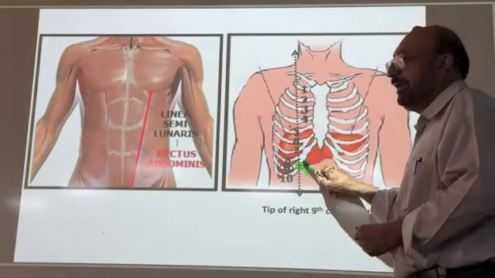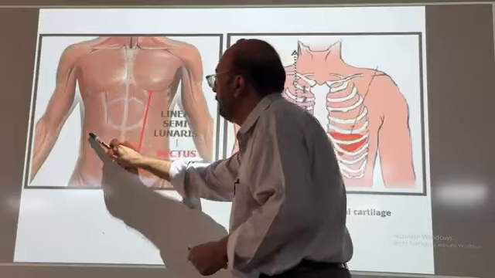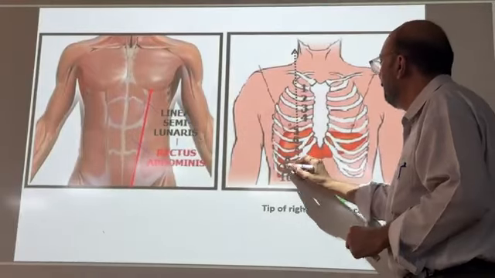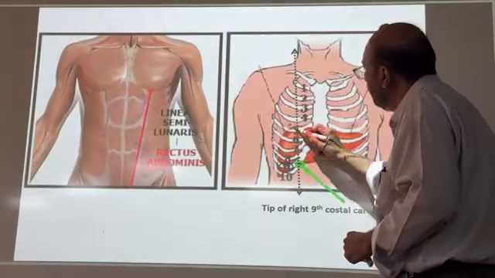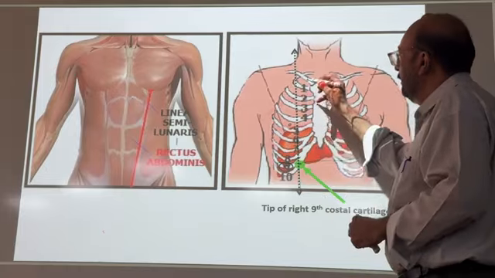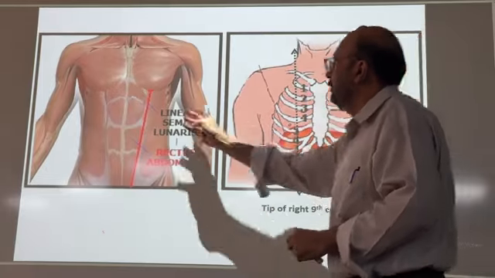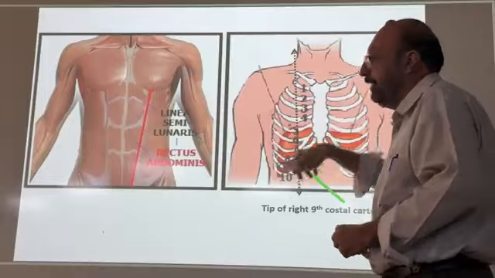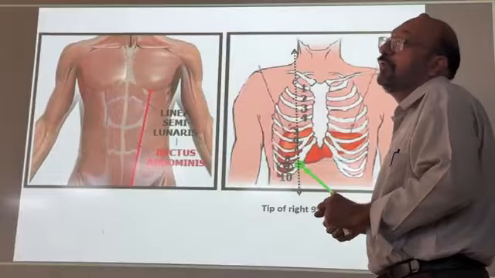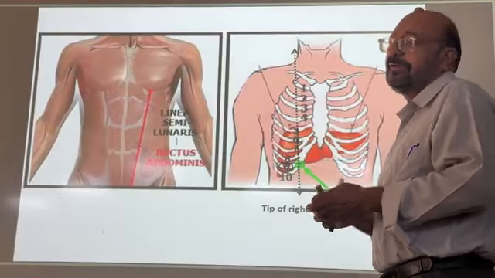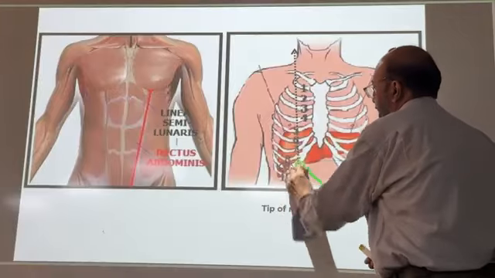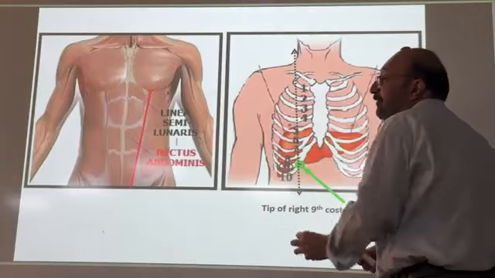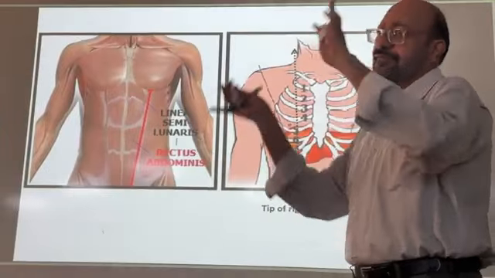The tip of the 9th costal cartilage is here, with the transpyloric plane and the linea semilunaris. So linea semilunaris, transpyloric plane, tip of the costal cartilage: on the right or left side? Right side, unless you have a situs inversus.